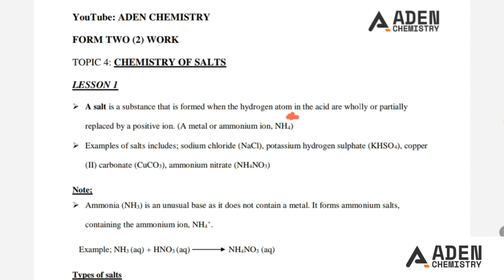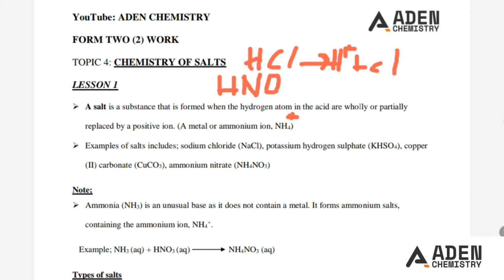So here we are saying when the hydrogen ion or atom in the acid, that means all acids have a hydrogen atom. For example, hydrochloric acid is written HCl. When it dissociates, it produces hydrogen ion and also chloride ion. Nitric acid is written HNO3. When it dissociates, we get hydrogen ion and also nitrate radical.